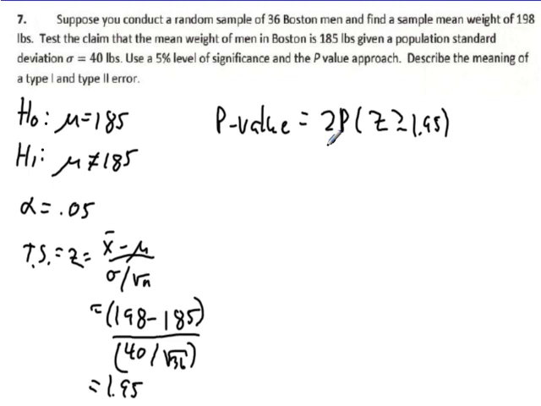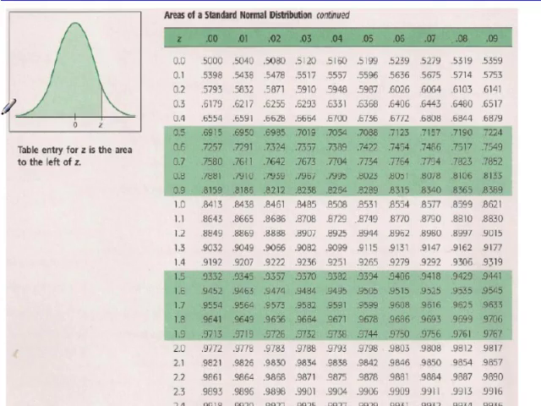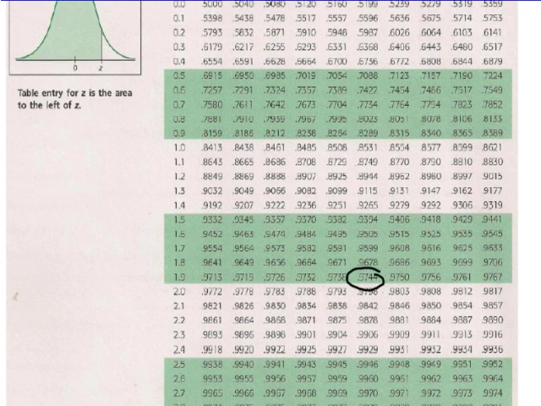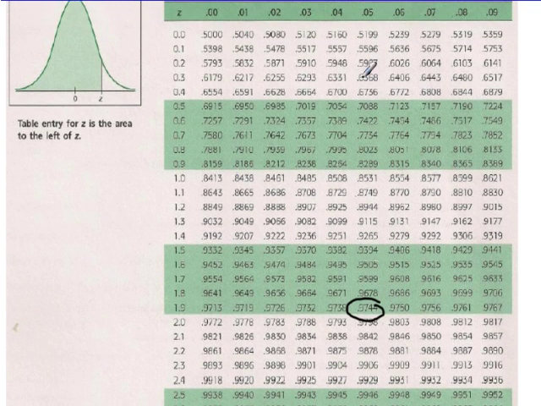So we always have to double that probability. Let's look up 1.95 on our z table and see what probability we find. So for 1.9, this is 1.90, 1, 2, 3, 4, 5. Yep.